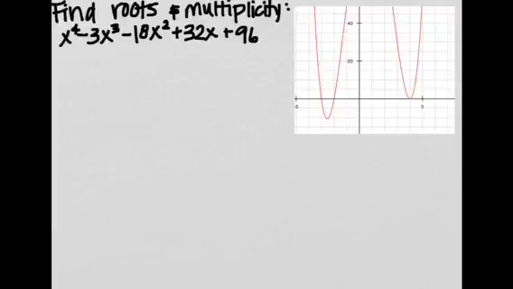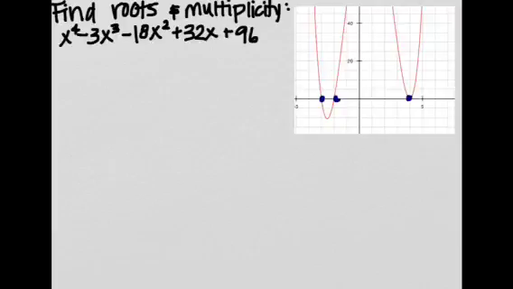The first thing you want to do is graph your polynomial. Use your graphing calculator. There's apps available, but you want to graph your polynomial. You can see from just the graph here that we have 3 points where this graph hits the x-axis. We have a point at -3, we have a point at -2, and we have a point at 4.